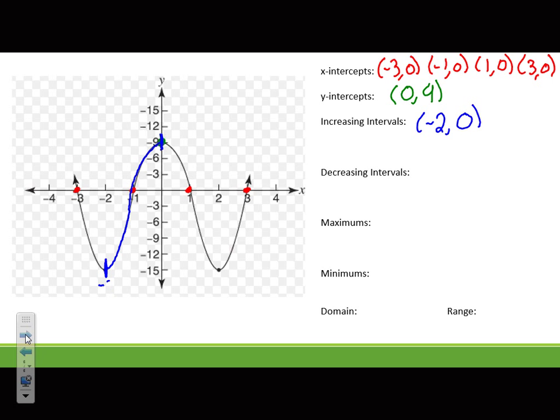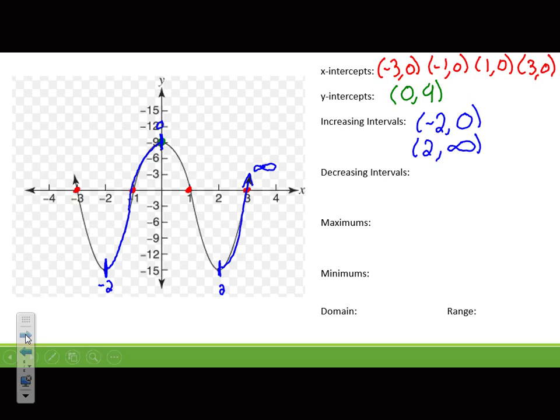Now I'm also increasing from 2 and on forever, so that's going to be positive infinity. So I'm going from 2 to infinity. I have 2 sets of increasing.